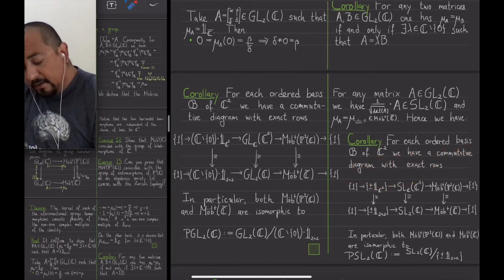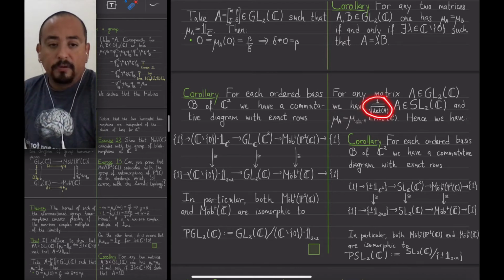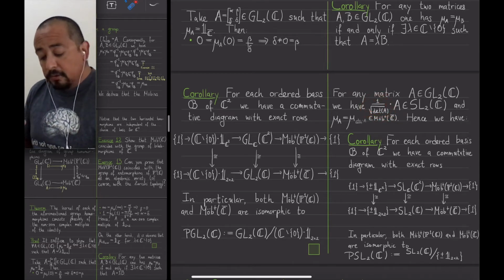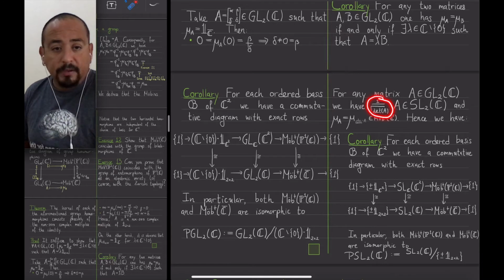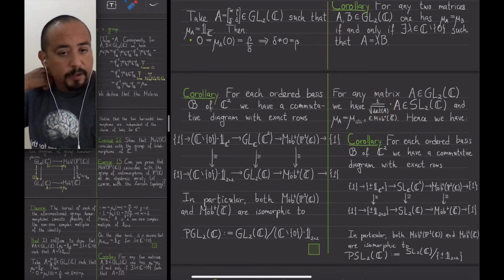Which means we just divide any matrix by the square root of its determinant, or I would say by any of the two square roots of its determinant. So really we have two roots to choose from.